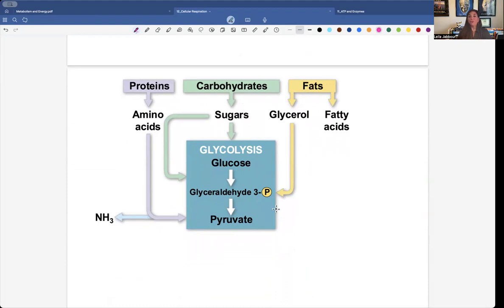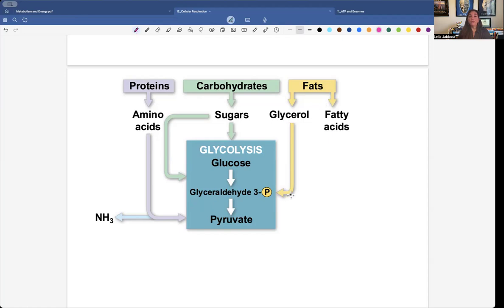But fats contribute to this glycolysis by skipping the first step here and providing this intermediary molecule called glyceraldehyde 3-phosphate from glycerol, the glycerol that comes from the triglycerides. There's a glycerol in fatty acids, and you learned that in a previous chapter that we covered.